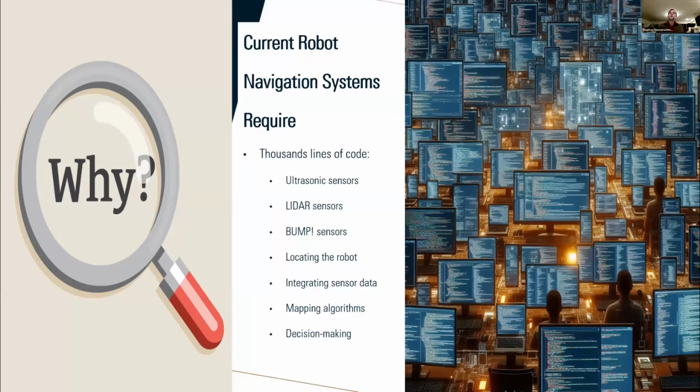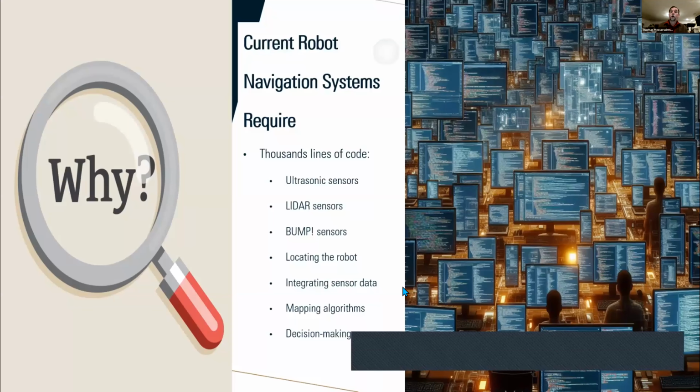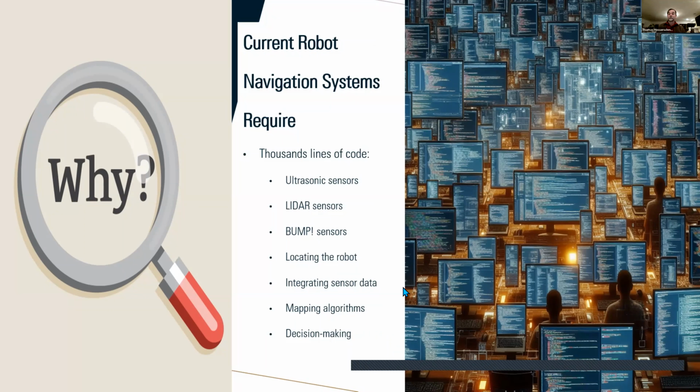So why? Why would you want to navigate with an AI? Well, current robot navigation systems require thousands of lines of code, ultrasonic sensors, LiDAR sensors, bump sensors.